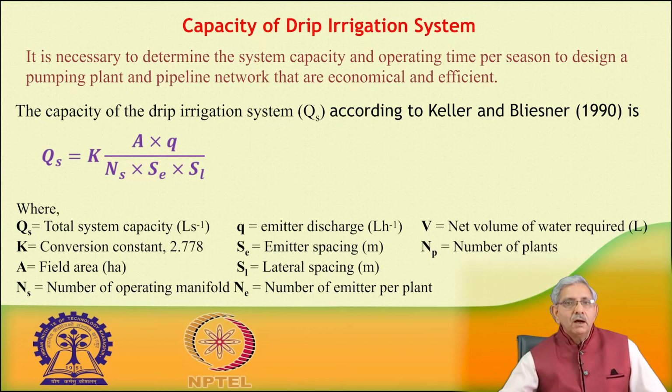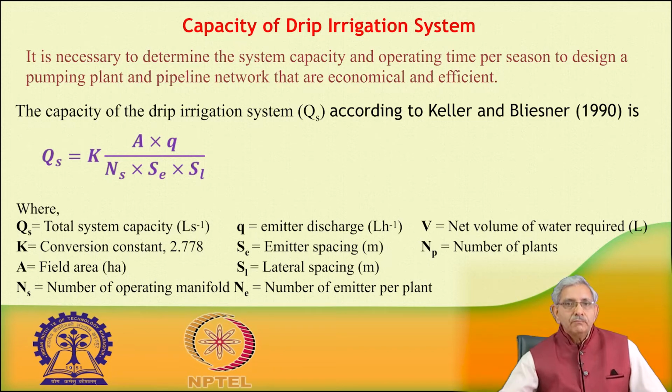the area of the field multiplied by the discharge of a particular emitter multiplied by the number of operating hours, multiplied by the row to row spacing, that is the spacing between the plants, and then SL is the spacing between the laterals.